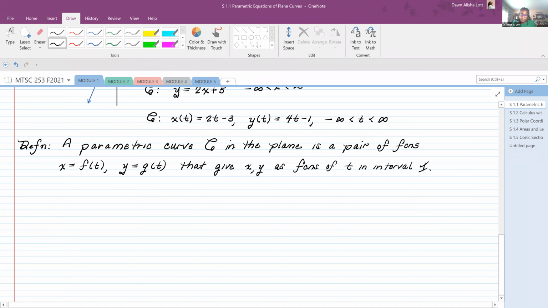Say we have parametric equations x equal to f of t, y equal to g of t, and t is an element of [a, b].